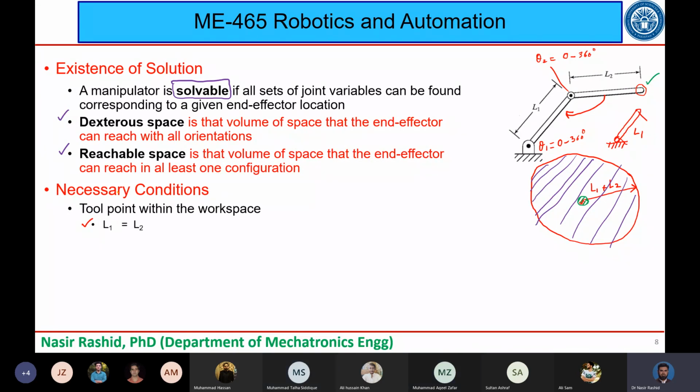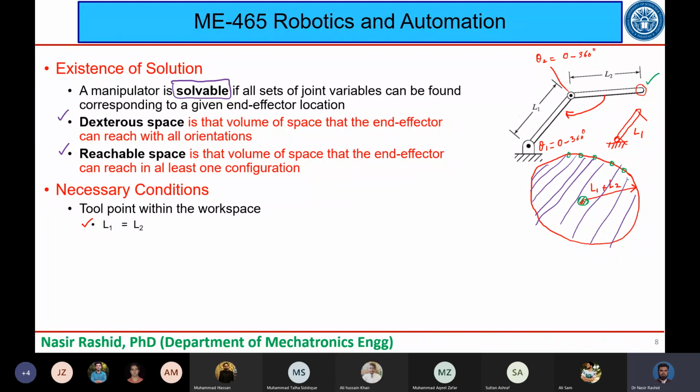This will be called a reachable space because every point in this space can be reached by the end effector, not in all orientations, but at some places in one orientation only, and at some places in more than one orientation. Let's see. Let me take up this color. On this circumference, at any place, these circles that I am drawing are actually the points where we want to reach.